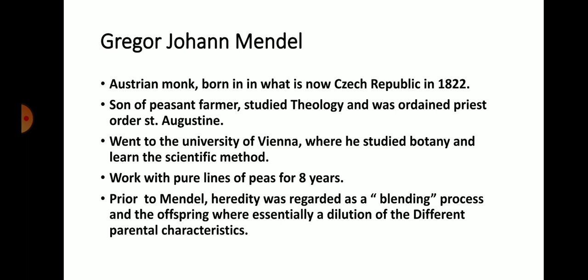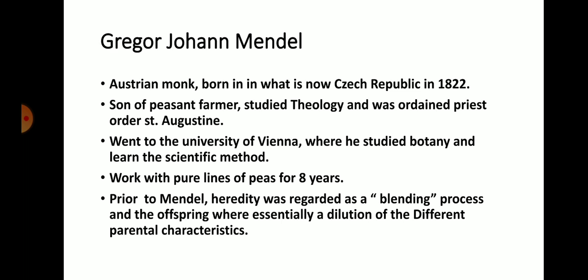So basically, he studied theology and also botany. He went to the University of Vienna where he studied botany and learned scientific methods. His work on pea plants is a pioneer of the genetics field, which he worked on for 8 years. He worked on a pure line of pea for 8 years.